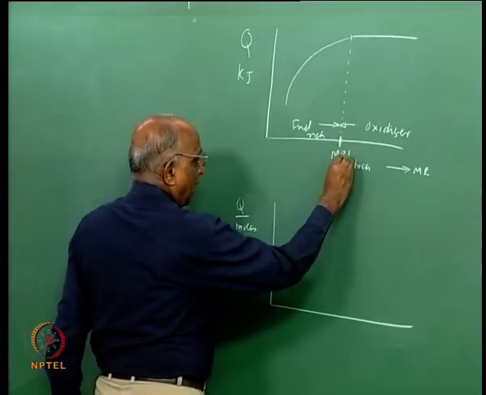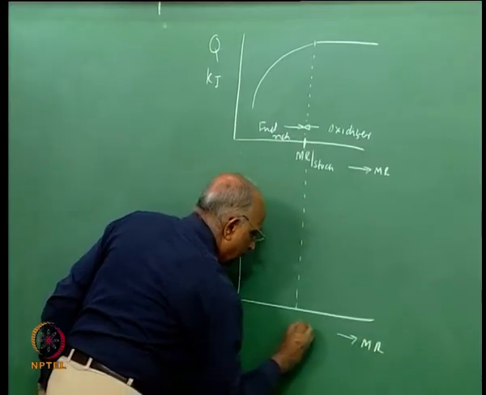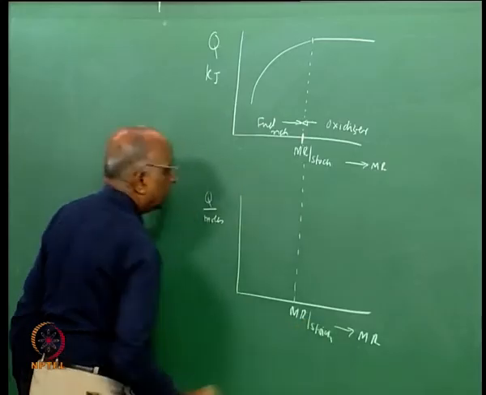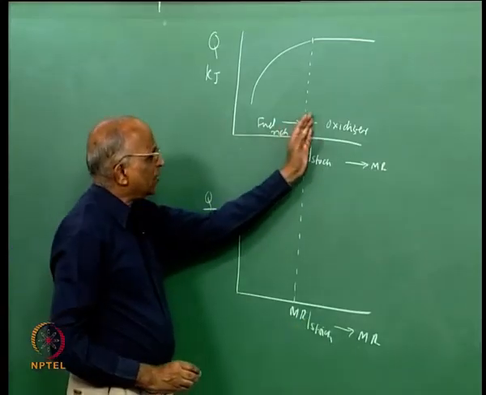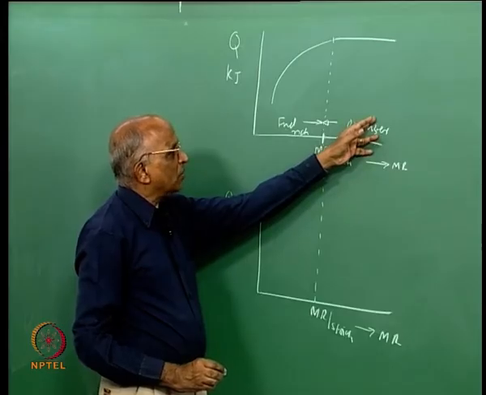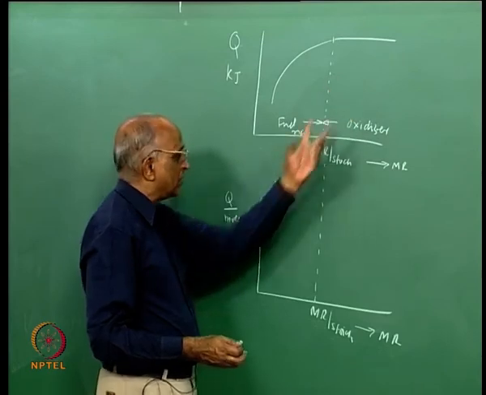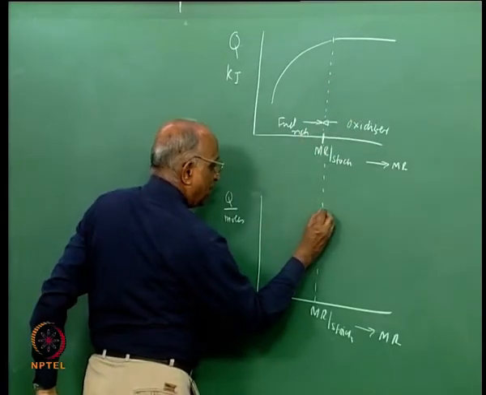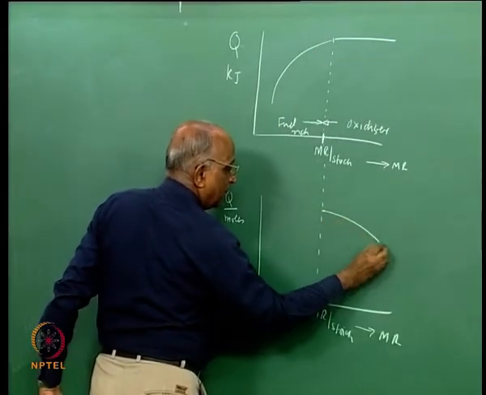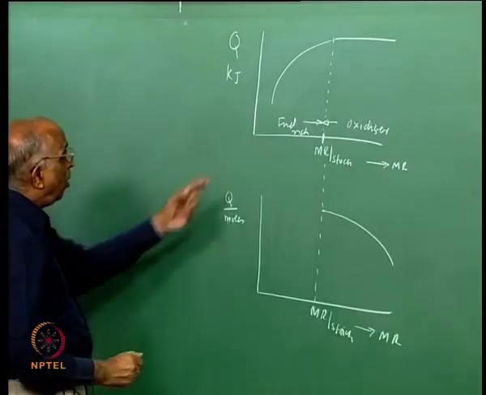Now, again I plot over here, this my axis is mixture ratio, this is mixture ratio stoichiometric. Now, what is happening? As the oxidizer quantity increases, I am left within the products with more and more of oxygen, that is the number of moles in the product increases, and therefore, if this is the value of heat release per mole corresponding to this point, the curve begins to drop because the number of moles are increasing in the product. How about in this case?